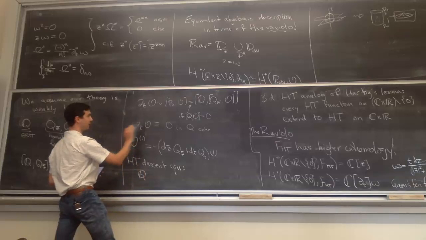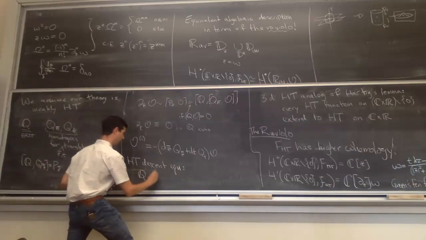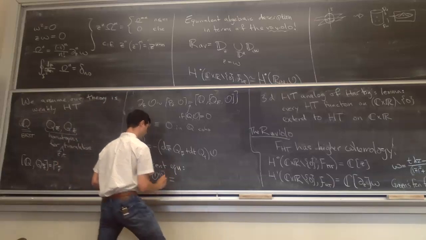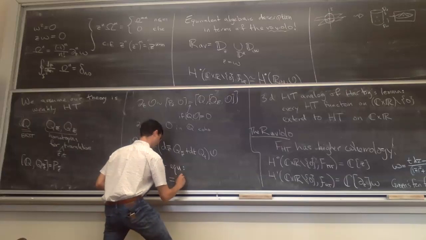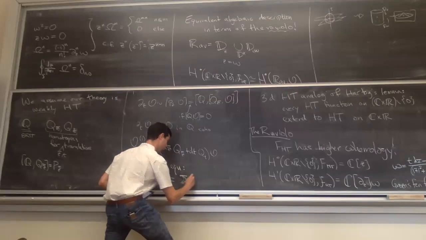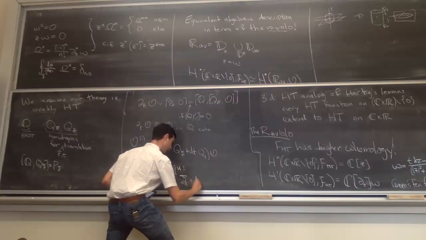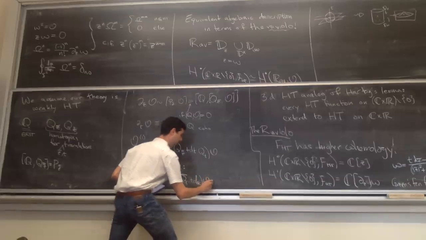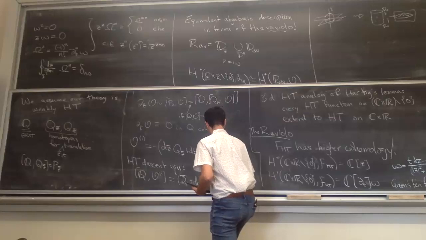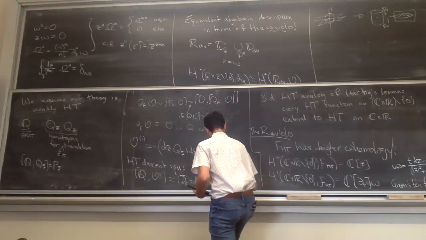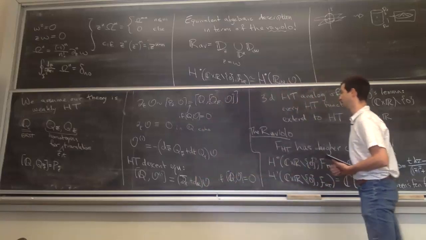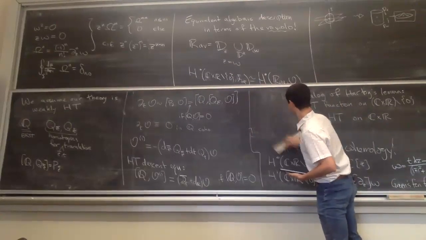If I act with my twisting supercharge Q on this one-form operator O1, this is equal to del bar C plus D R O, if O is Q closed. And if O isn't Q closed, then there's another term that you saw earlier, but I won't write it here.